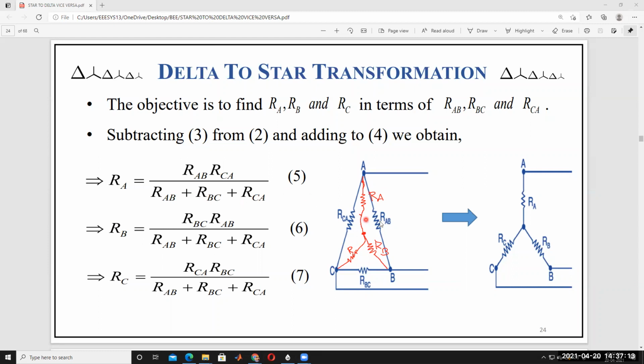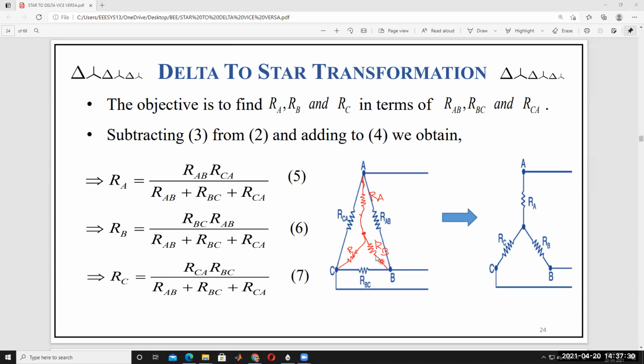To find RA in delta to star transformation, multiply these two resistors, RAB and RCA, and divide by RAB plus RBC plus RCA.